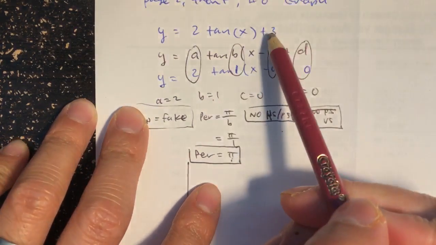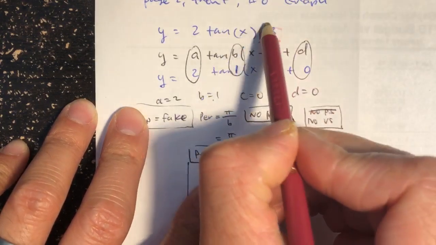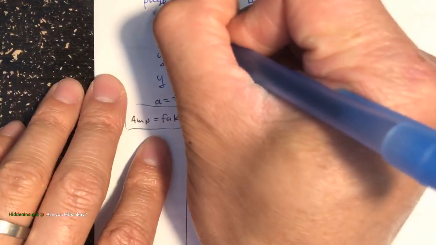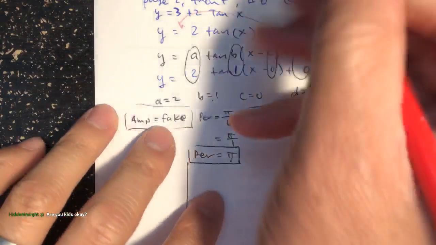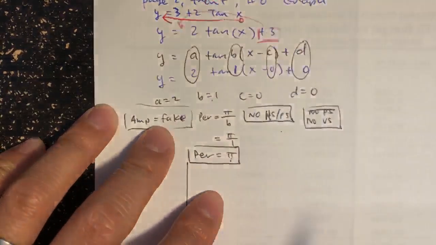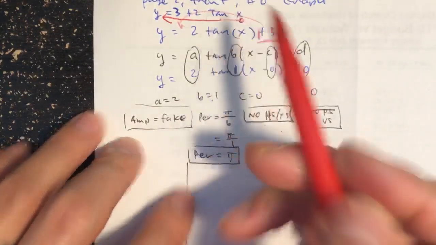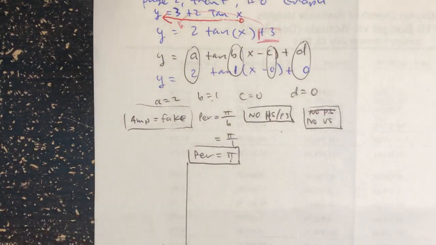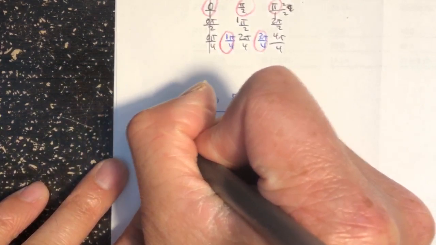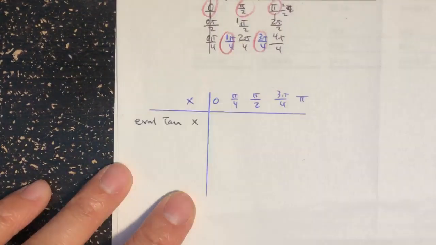And we didn't do it, but I should have, is move the d value to the front. And the reason why you do that is because it's PEMDAS. I want to go right to left. So I have x, now I'm going to evaluate tangent at x.